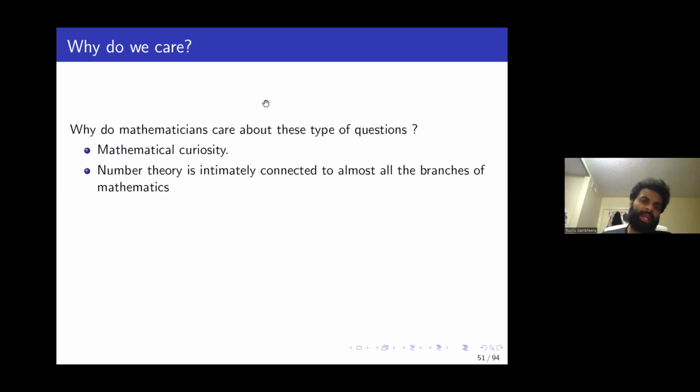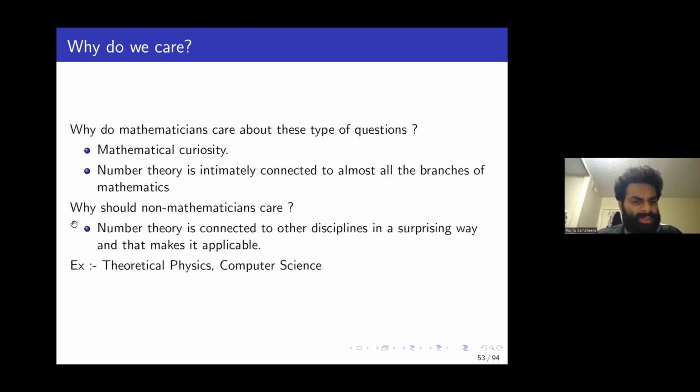Okay, but I cannot expect everybody to share the passion I have towards integers, which is totally fine. And if you are one of them, I hope not, why should non-mathematicians care about these things? I think there are still very good reasons. Number theory is connected to disciplines outside mathematics, and that makes it more applicable.